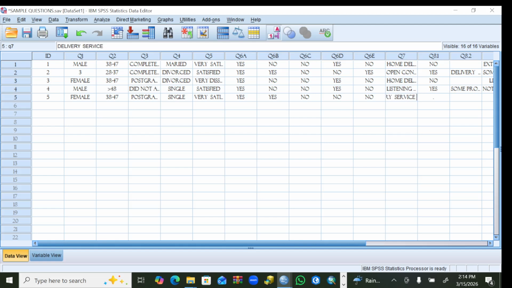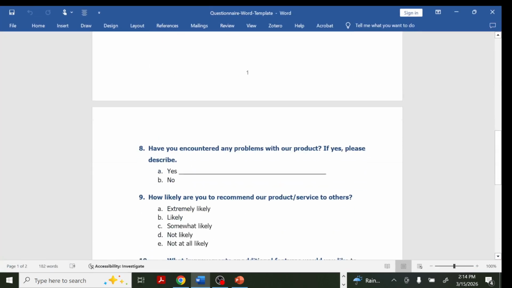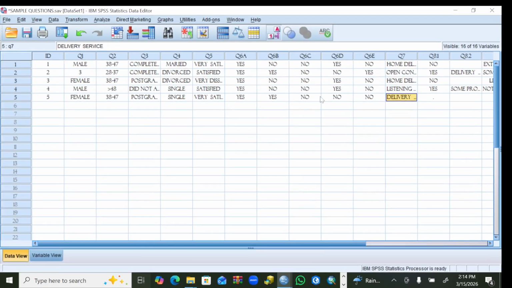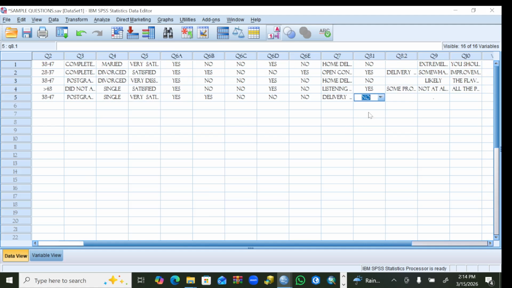And then number 8, part 1. So number 8 is asking a question. Have you encountered any problem with our product? Let me say no. So it means that we will skip part 2 of number 8, which is to describe the problem.